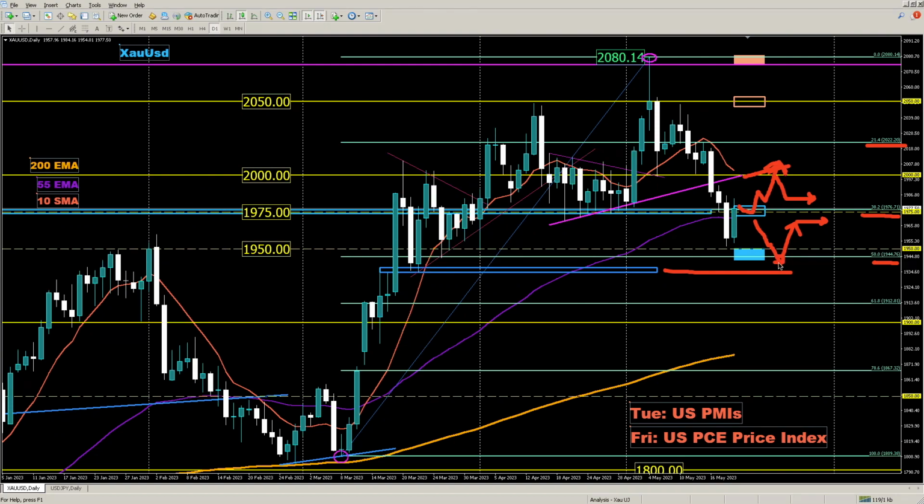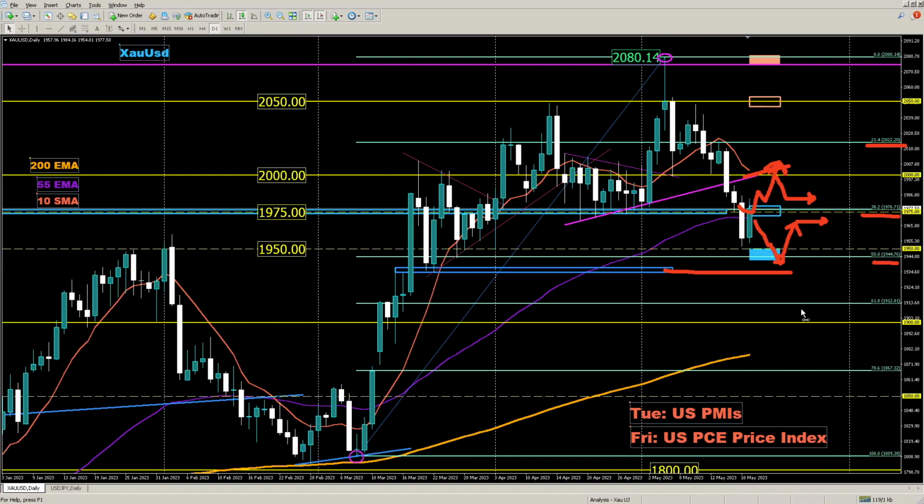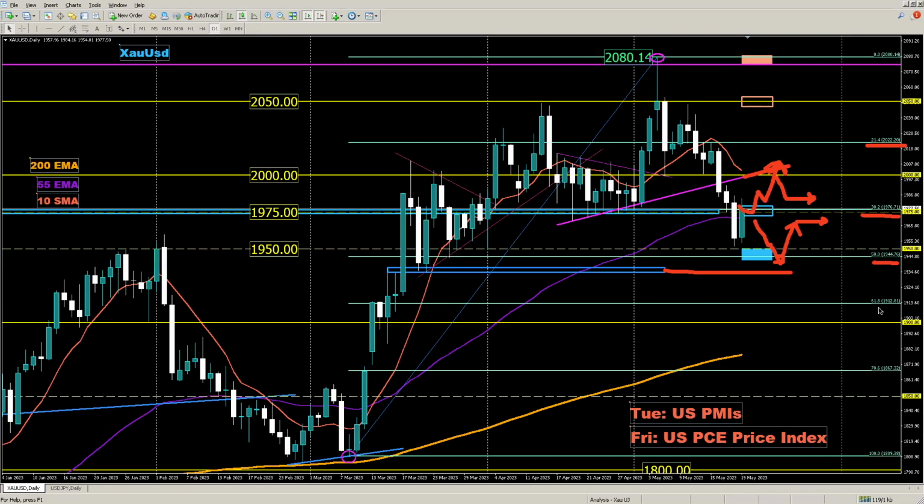But if it does weaken further, it'll have to test the 62 fib at the 1913 area. So that's quite a ways away. But depending on what the US news for PMIs and the price index, the inflation index.